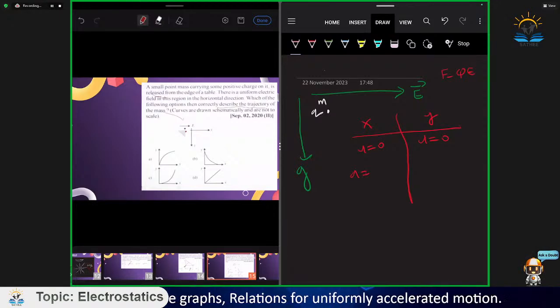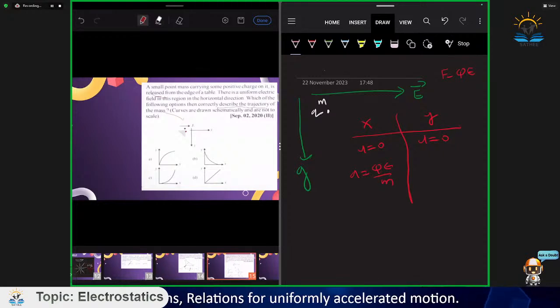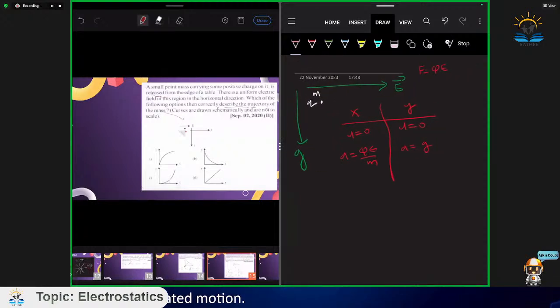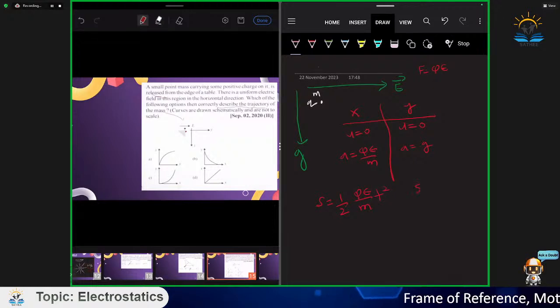So acceleration will be qE by m. And along y, acceleration will be g, acceleration due to gravity. So the displacement along x direction will be ut plus half at square. u is 0, so half qE by m t square. Along the y axis also, displacement will be half g t square.